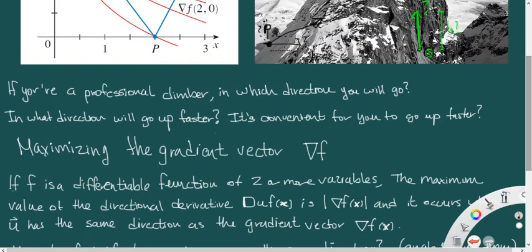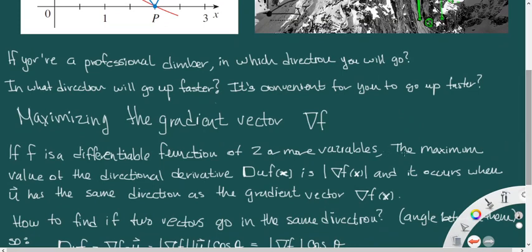Okay, so if the function f is a differentiable function of two or more variables, then the maximum value of the directional derivative D sub u of f of x. Here I am changing a little bit the notation.